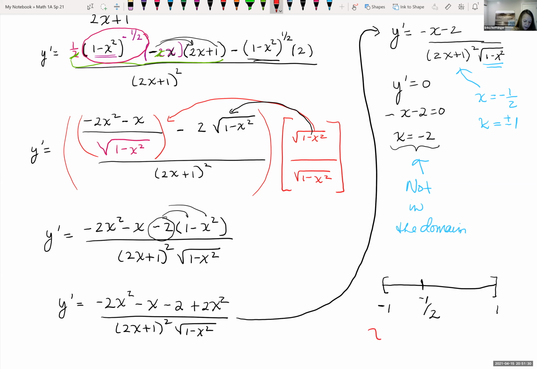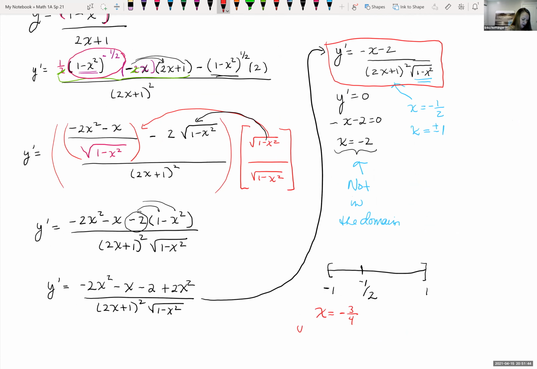So how about x equals -3/4? So again, we're only worried, is this positive or negative when we plug this in? So is y prime of -3/4.